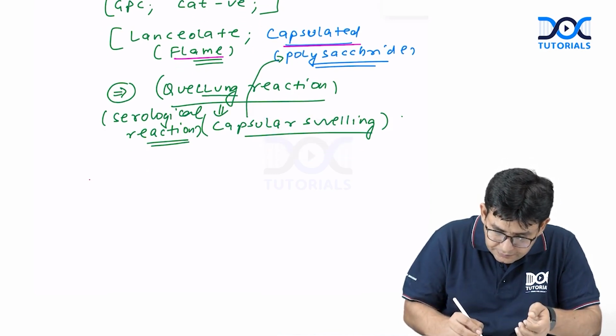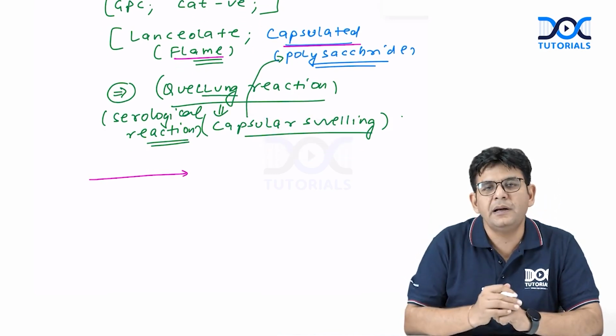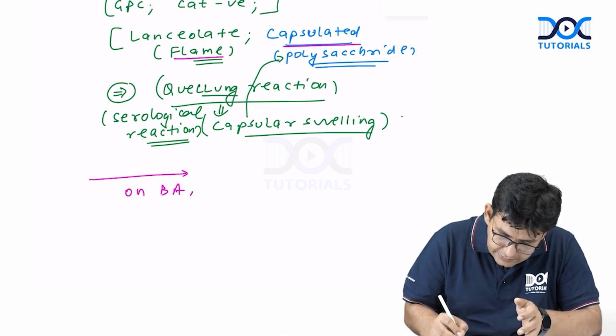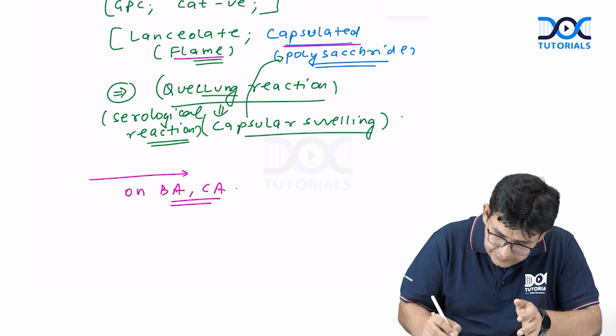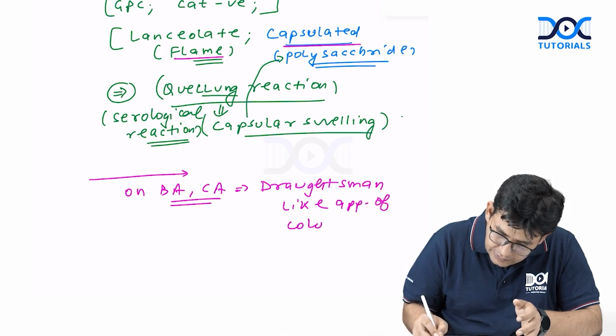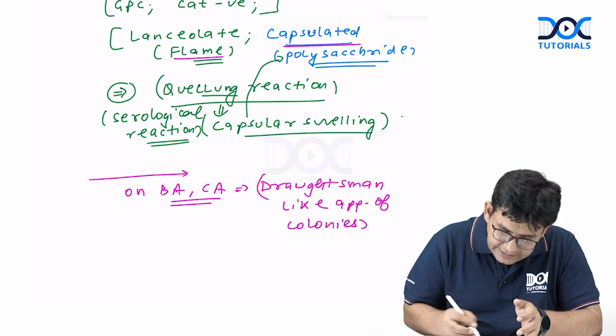Besides that, this particular one on blood agar and chocolate agar produces draughtsman-like colonies. Draughtsman-like appearance of the colonies, and that is termed as what?